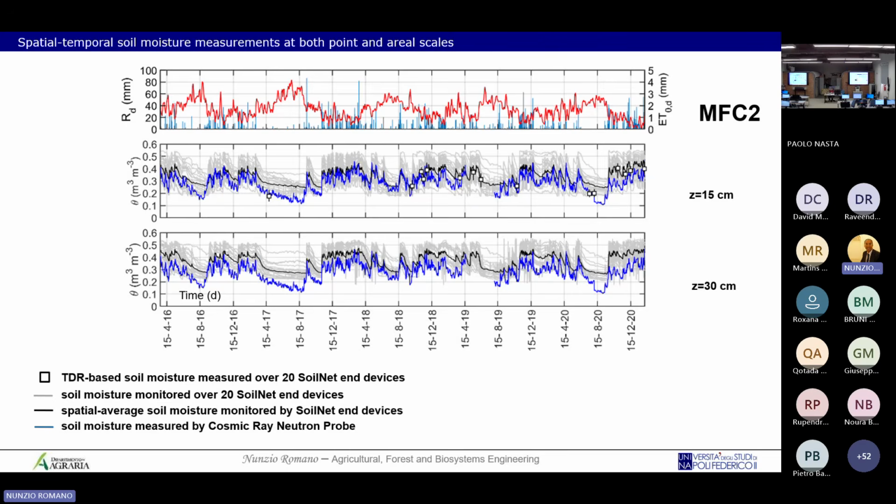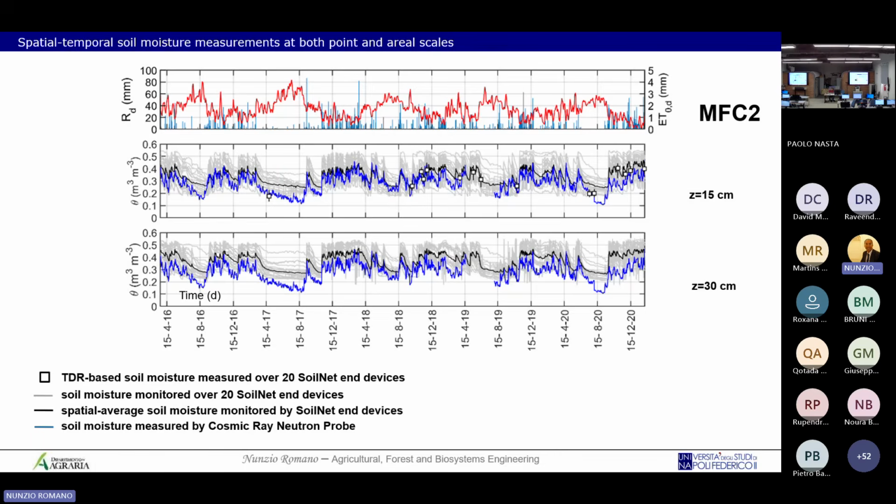But anyhow, the fluctuation of the water content is very similar, and this is very good to have information about the evolution of how soil water content varies during the different periods.